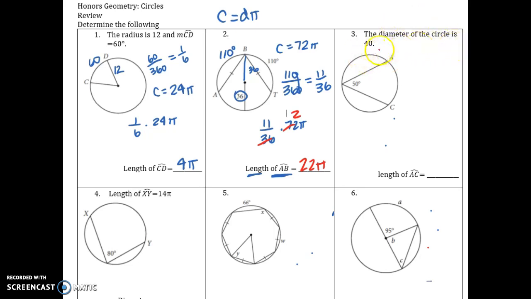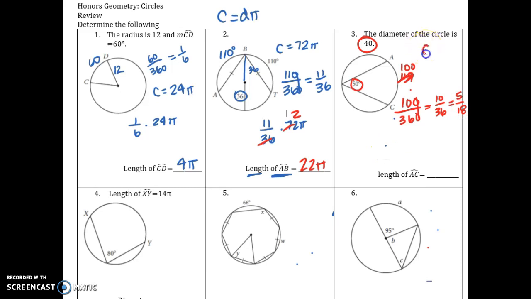The diameter of this particular circle is 40, and I want to find the length of arc AC. So remember, this is double. So double 50 is 100, because the inscribed angle and the arc are always double or half. So it's 100 out of 360, which reduces to 5 out of 18.